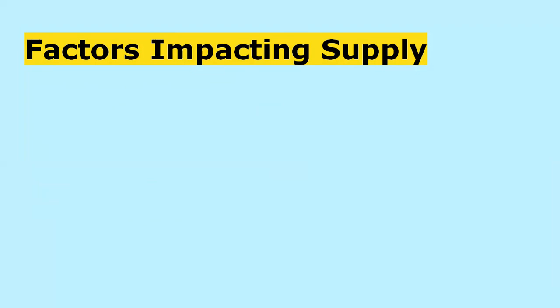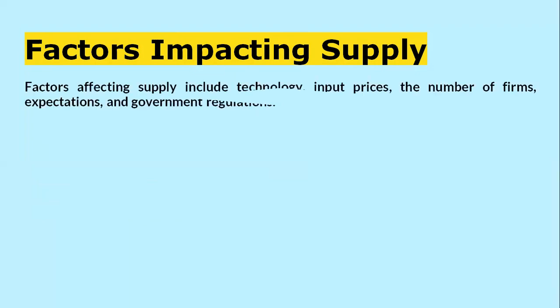Factors impacting supply. Factors affecting supply include technology, input prices, the number of firms, expectations, and government regulations.